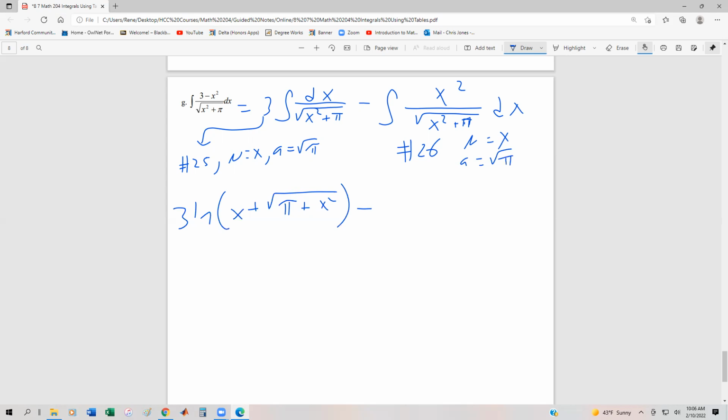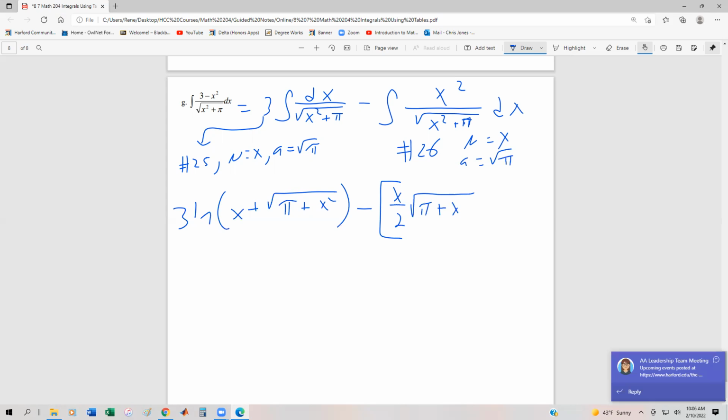And then minus the quantity. So we're going to use 26. So that's going to be u over 2, excuse me, so that's u over 2 or x over 2, times the square root of a squared plus x squared, so pi plus x squared. And then we have minus a squared, that's minus pi over 2.